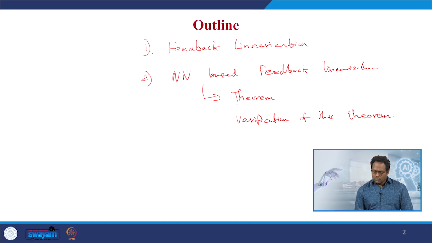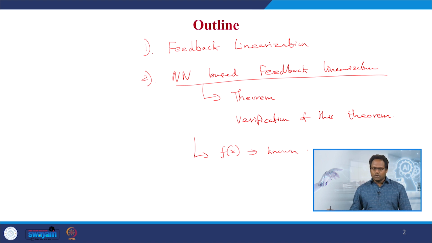Then we will see the neural network based feedback linearization for f of x unknown, which is basically a nonlinear function associated with the controller being unknown, and g of x being known.